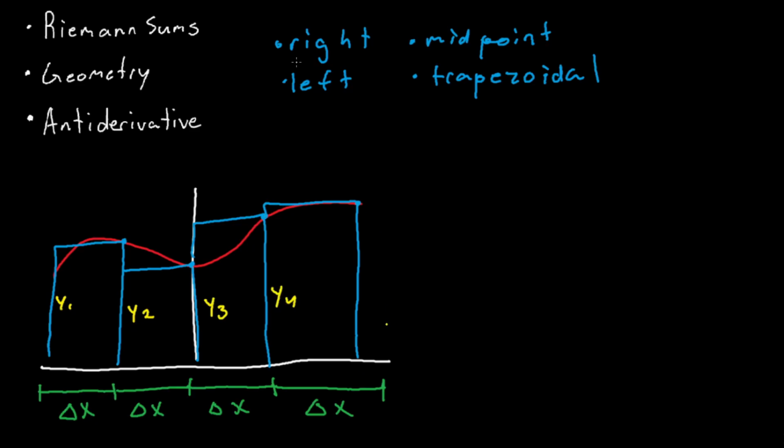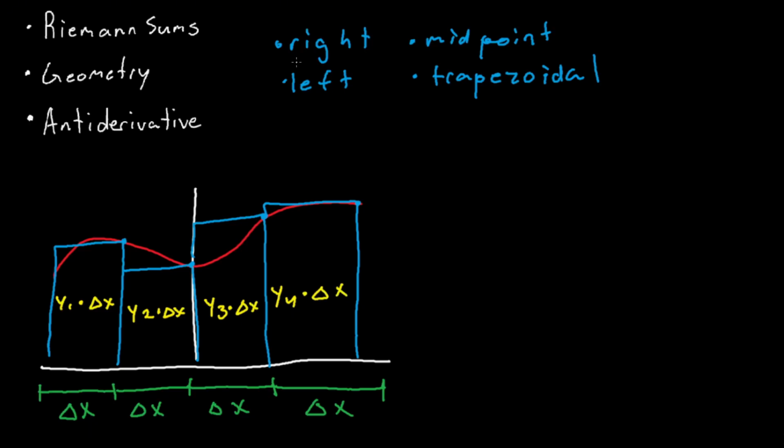Well, here's the thing about the formula of a rectangle. It's height times width, and you have the width. Width is delta x, and it's the constant that you chose for this problem. So you can multiply y times delta x for each of these in order to get the area of the rectangles, and then add them all together.